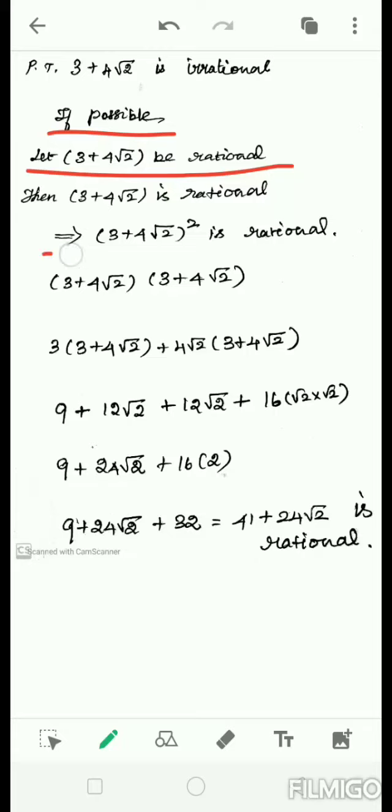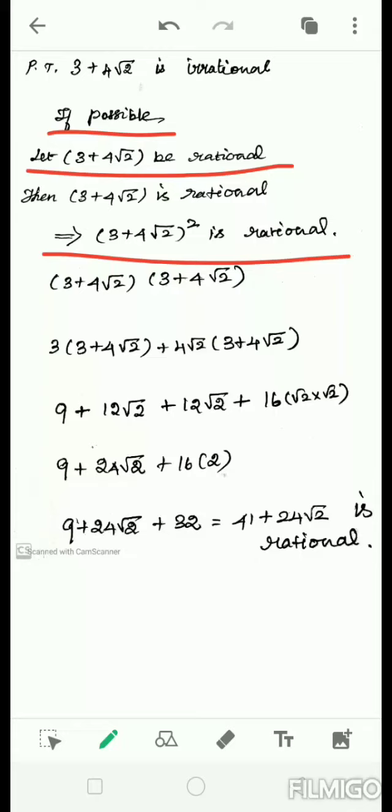Which implies that 3 plus 4 root 2 the whole square is rational. For example, 2 by 3 is a rational number. I am squaring this number. 2 by 3 squared is 4 by 9. So 4 by 9 is also a rational number, right?